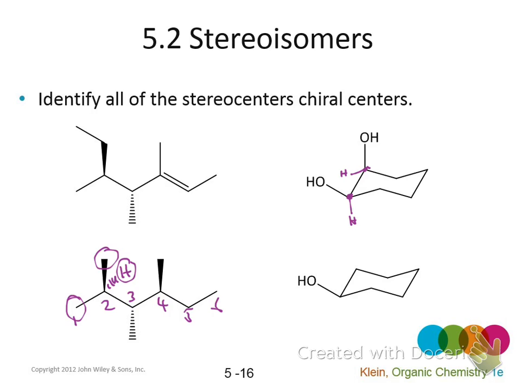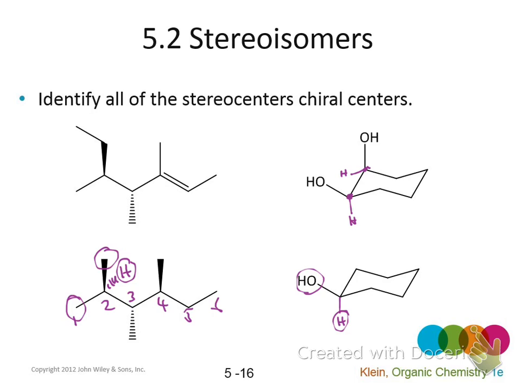What about D? That one's not, because it's the same group on two sides. If you draw the hydrogen down here, that's one group, that's the other group. But the ring going from the left, up and around and down, or to the right and up and down, is exactly the same.